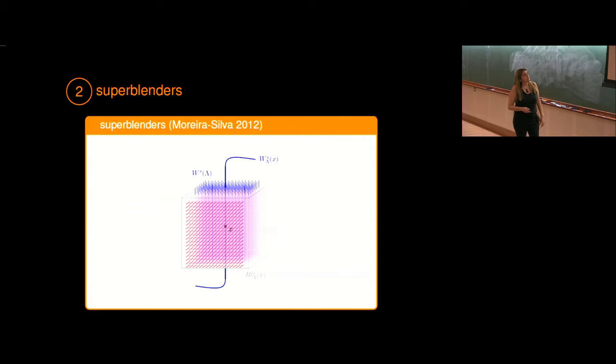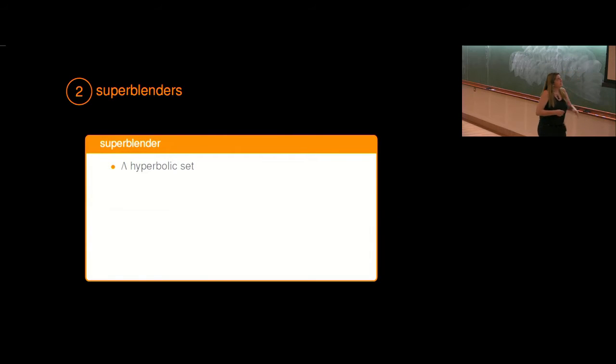Now we have the other thing that I want you to see, which is super blenders, which are even more complicated, and were introduced by Gugu and Zulu in 2012. This is essentially the same thing, but to another level. The unstable bundle splits into K subbundles.